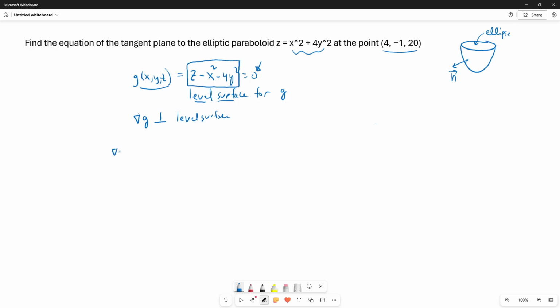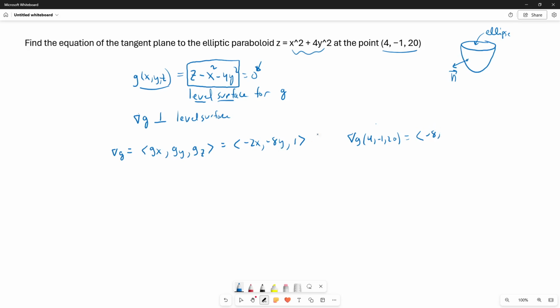So we want the gradient of this new function, a function of three variables. The gradient of g is, by definition, the vector of partial derivatives g sub x, g sub y, g sub z. In this case, g sub x is negative 2x, g sub y is negative 8y, and g sub z is 1. So at any point, this is our gradient vector, which means that the gradient vector at the point of interest (4, -1, 20) is: plug in 4 here, you get negative 8.